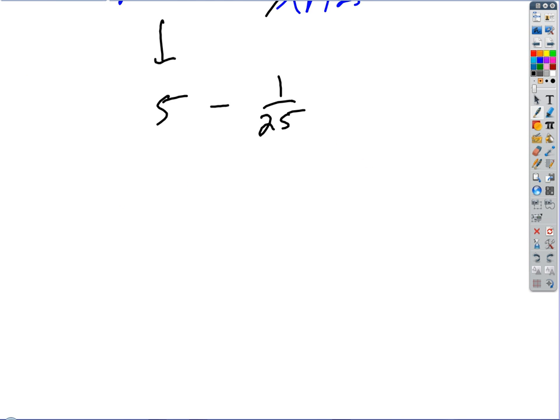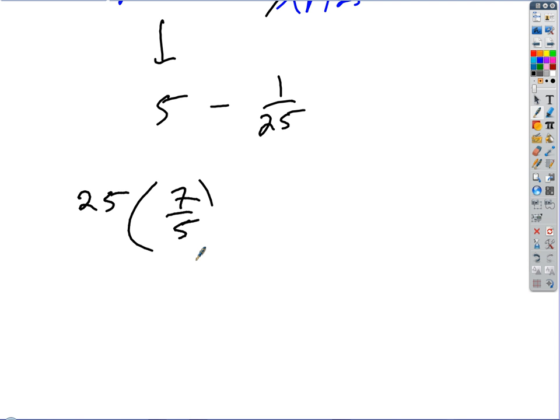Like if I wanted to, for example, distribute 25 over the fraction 7/5, I've got some options because I've got a combination of two operations. I'm multiplying and I'm dividing.